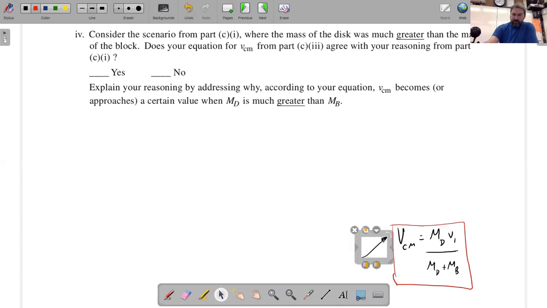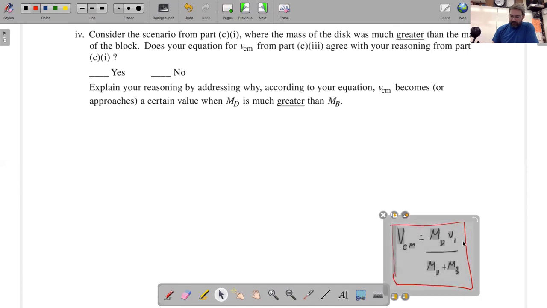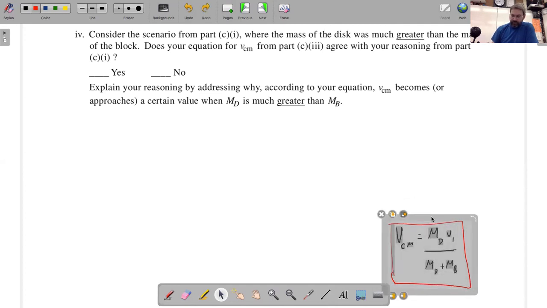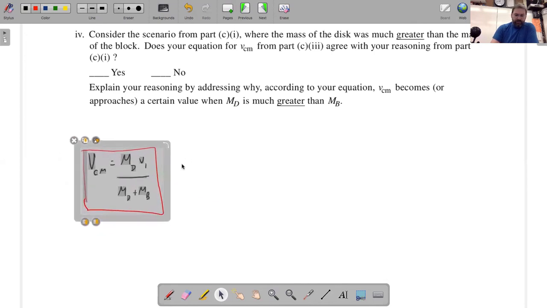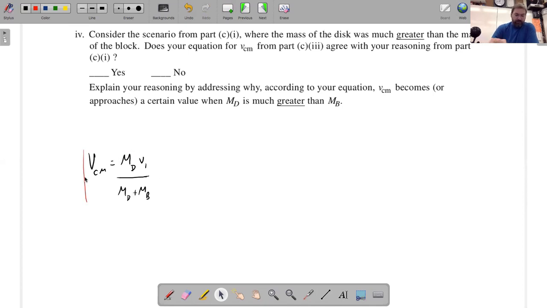Your goal is to say how this expression relates to your conclusion from your explanation before. In a way, you qualitatively described it, and now you get a chance to quantitatively describe it. So it turns out that yes, you can justify your answer.